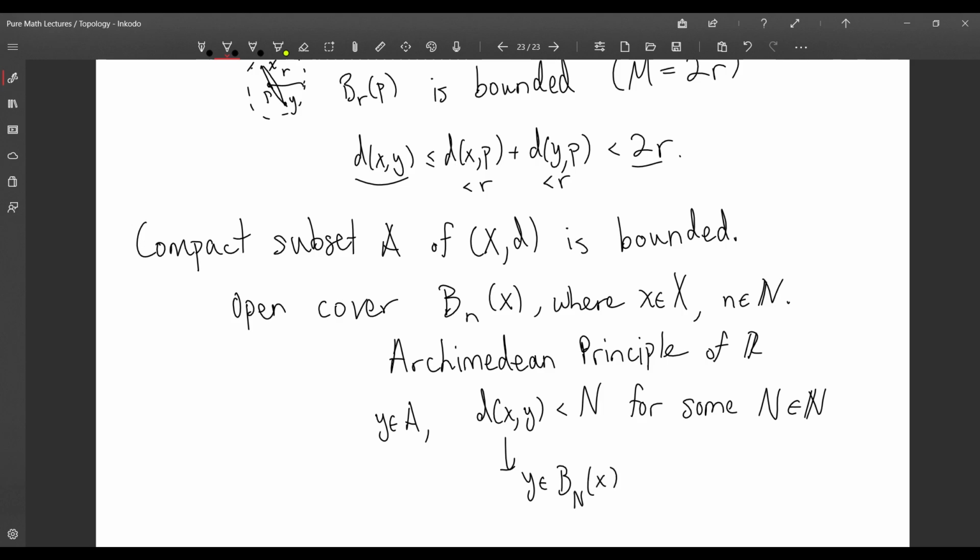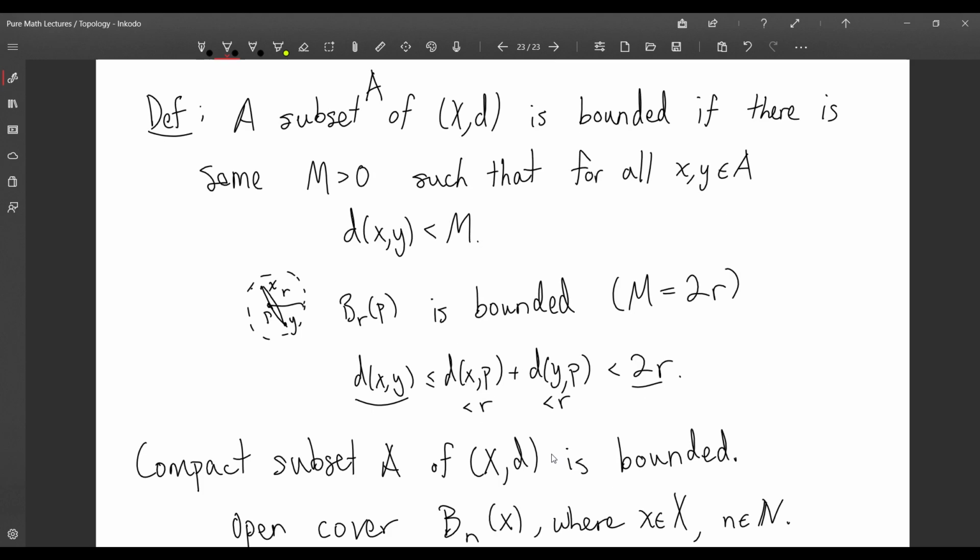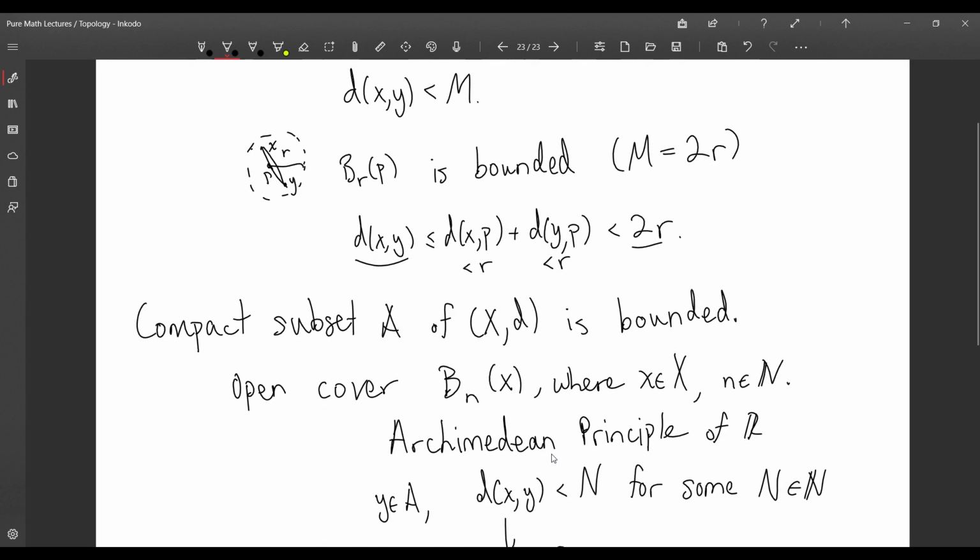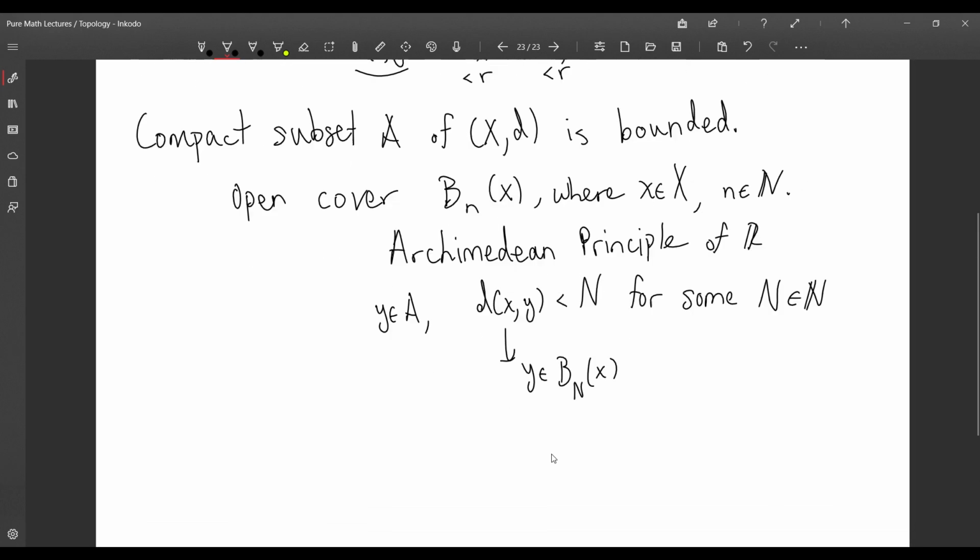And therefore this constitutes an open cover, but then you can find a finite subcover, and if you have a finite subcover and all of the open sets are essentially just indexed by natural numbers, so if you have a finite set of natural numbers, you can find the biggest one, and then that constitutes your value of big M, and so that shows that the set is bounded.